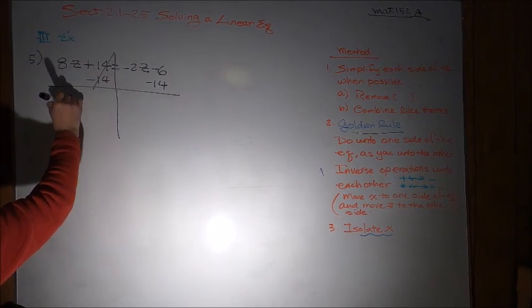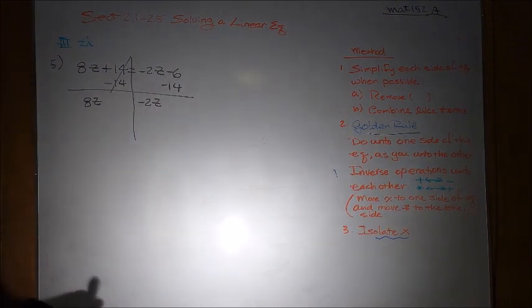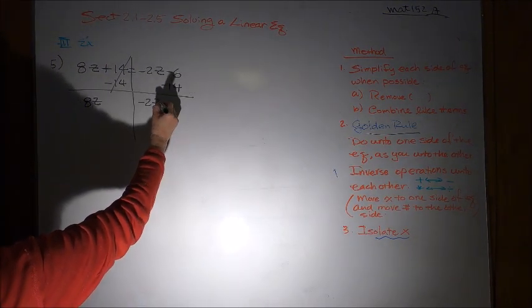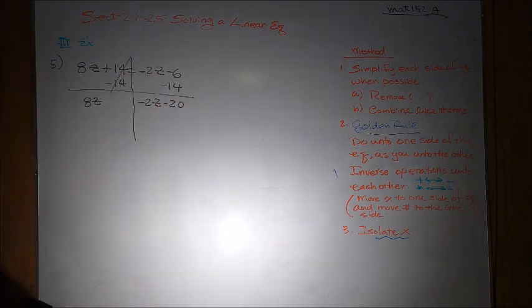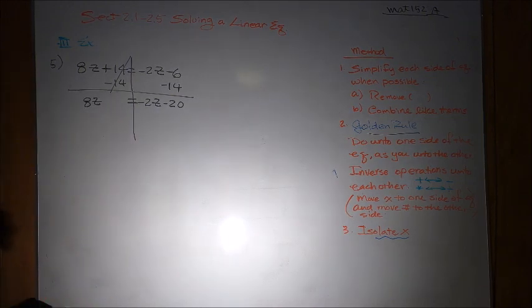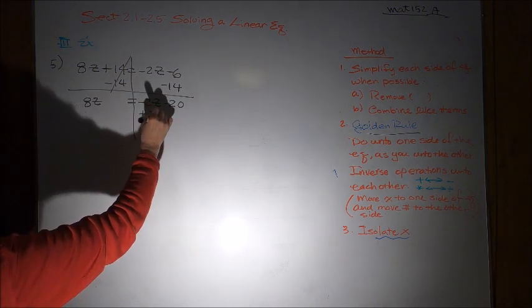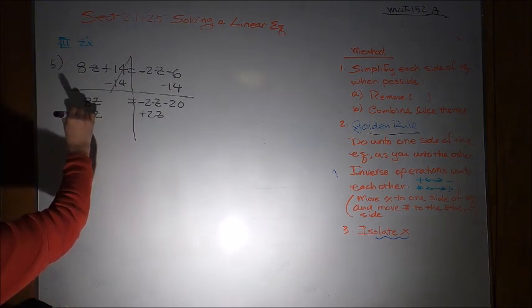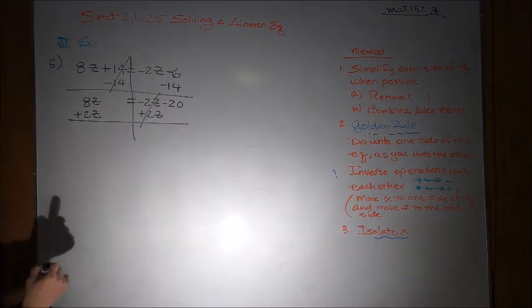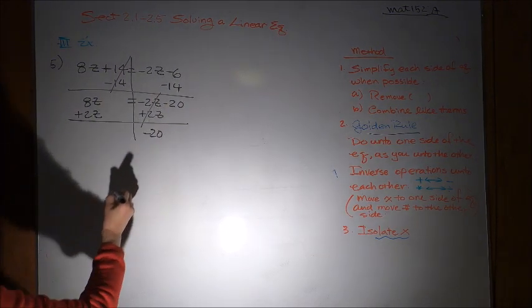So this side would be 8z, this side would be negative 2z, and negative 6 minus negative 14 is minus 20, right? Then we move the number to this side by doing what? The opposite, right? So we get the variable on one side, number on the other side. So that would be negative 20.